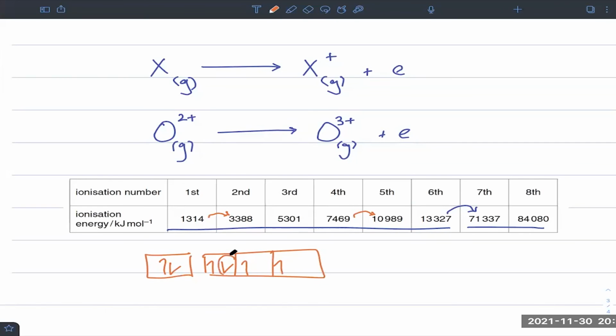When you remove this one, it's much easier. But after you're done with these three, you're removing this one. That's much harder. There's a big jump of 3000. Of course, it's not comparable to this jump, but still within the shell, there is a transition.